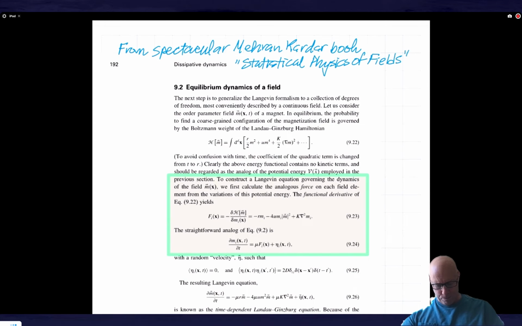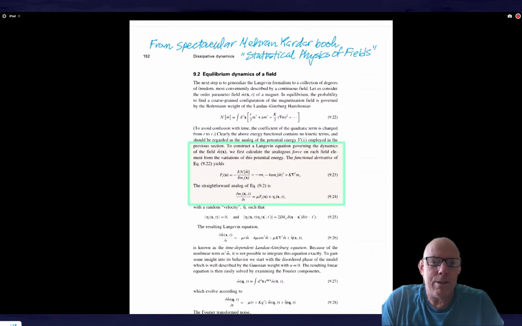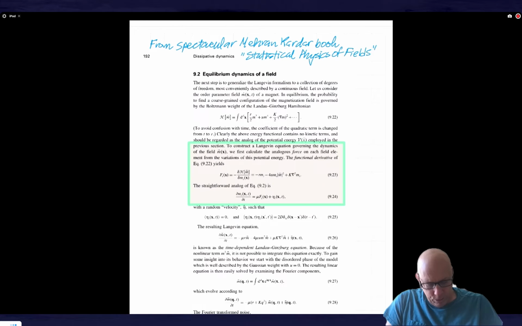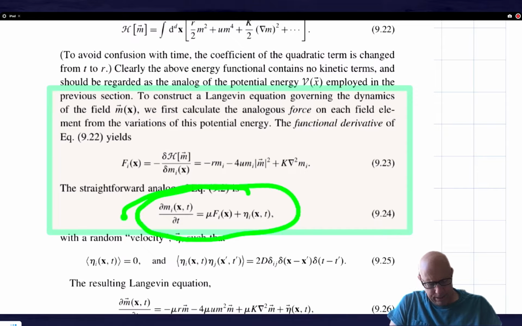And then there's a beautiful book by Mehran Kardar, in two volumes: Statistical Physics of Particles is volume 1, and Statistical Physics of Fields is volume 2. And you can see right here that Kardar is writing down a dynamics which is precisely what I'm proposing.